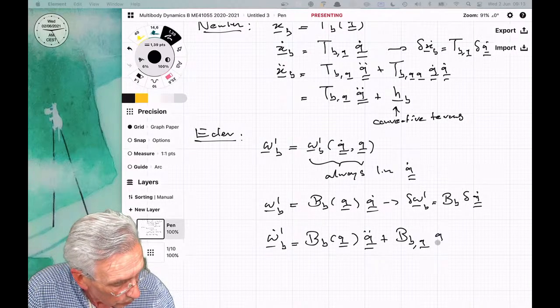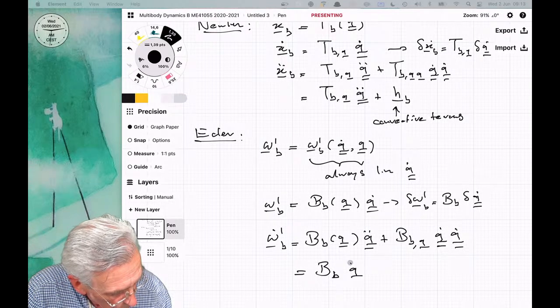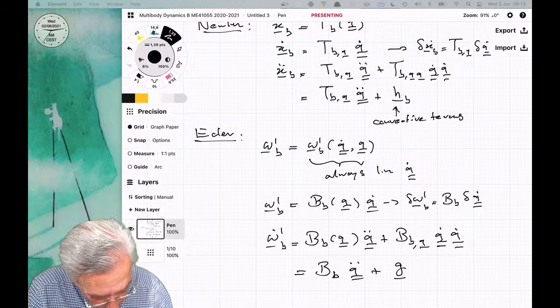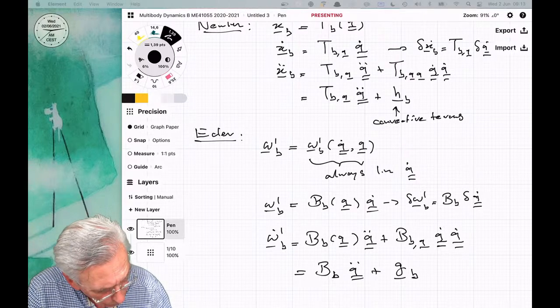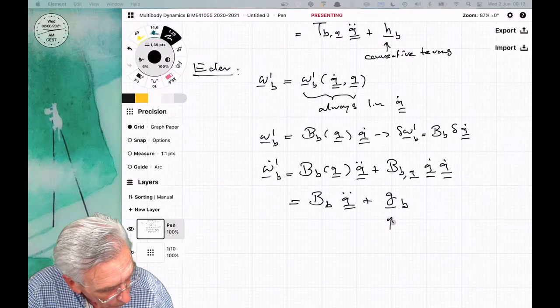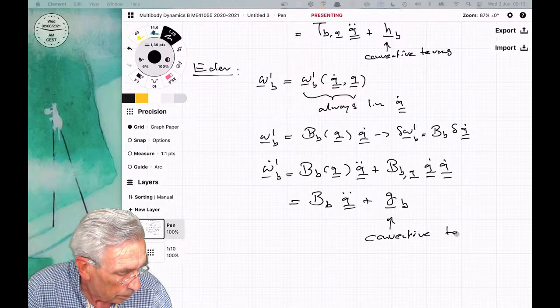And then times Q dot. And again, so B Q double dot plus, and I'm going to make a shorthand term, and I had used G here, which is sort of confusing with gravity, but well, that's how it is. So again, these are convective terms.